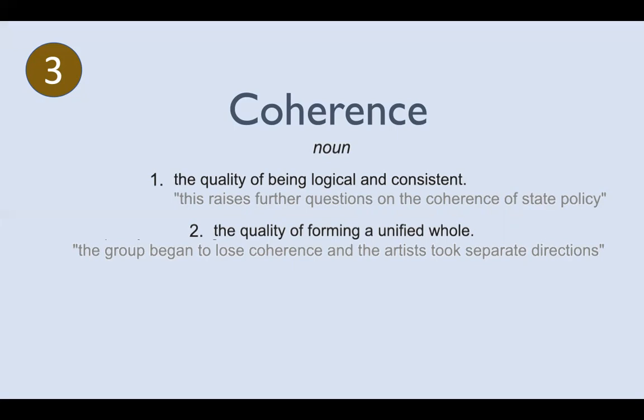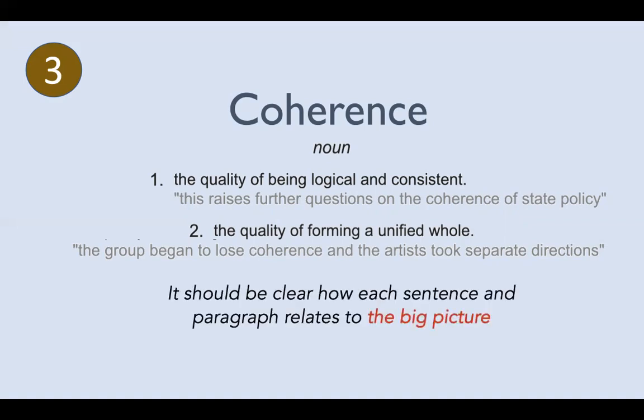I got these two dictionary meanings. The other meaning is that it has a quality of forming a unified whole. In other words, all of the ideas should be related to each other in some way, and there should be some thematic unity. Only then do you have a good chance of communicating your idea to the reader.